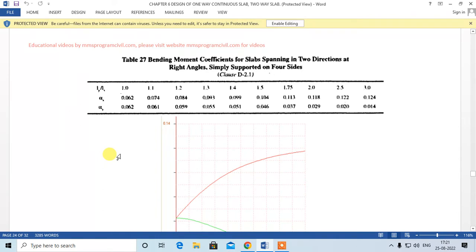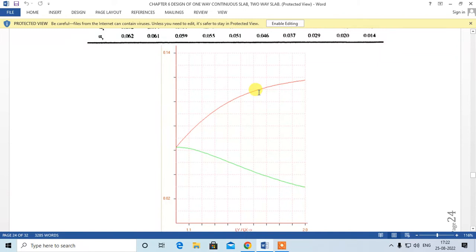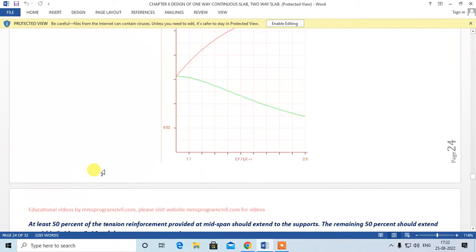One is along the shorter direction, that will be Mx. For that you have to use alpha x, and design moment along the longer direction will be obtained by alpha y, right? This is the graphical representation for alpha x and alpha y, right?